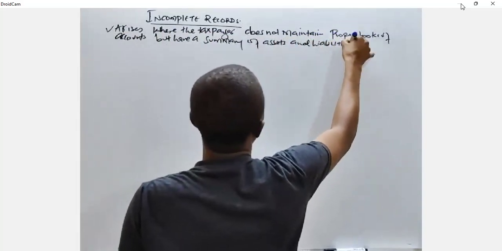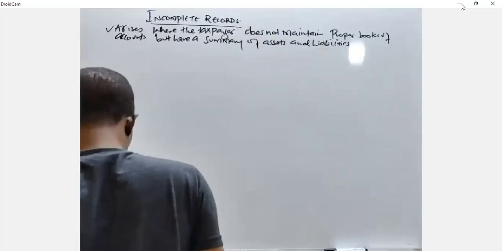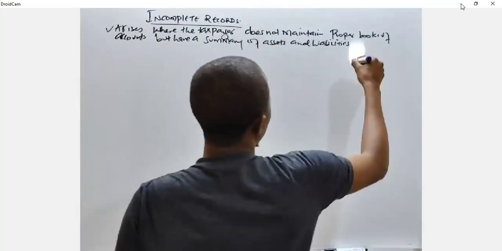They normally have a list of the assets and the liabilities and the bank statements.